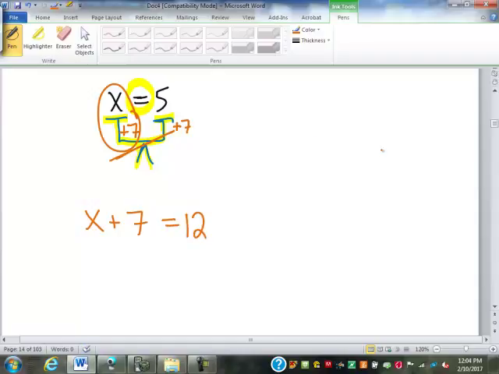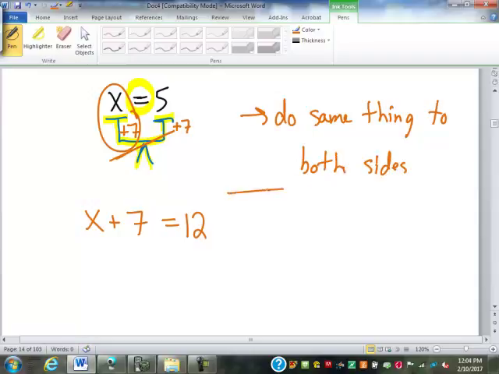So to keep that scale balanced, I have to do the exact same thing to both sides. And that is the governing rule to dealing with these equations: whatever happens to one side, the exact same thing has to happen to the other side. So we just built a somewhat more complex equation here.